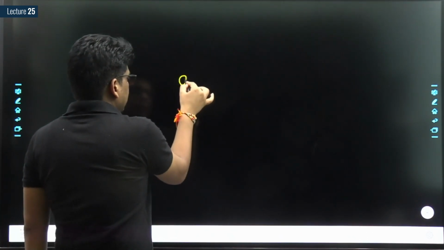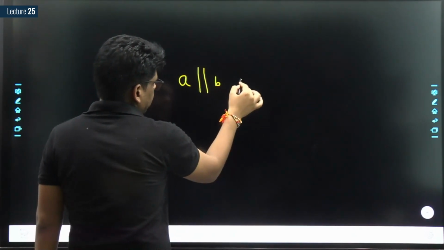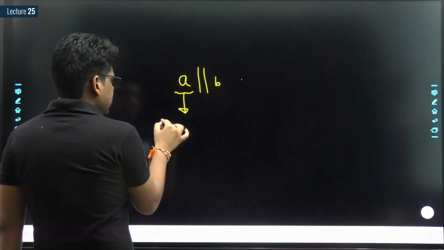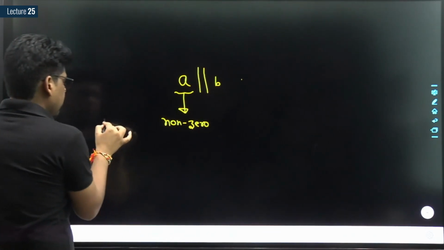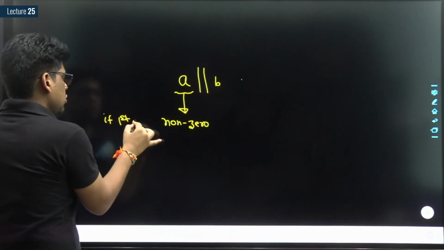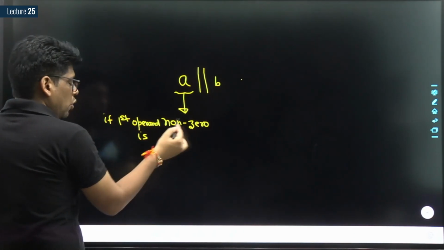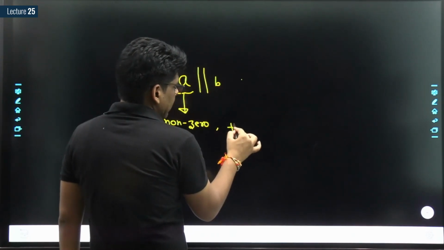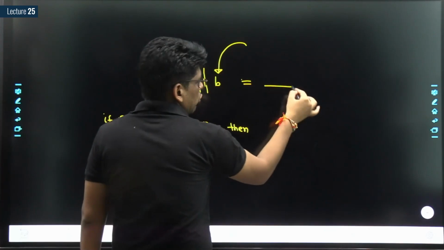Sir, A or B, what is the result? Sir, if the first operand is non-zero, then do I need to know this value to find out the output?